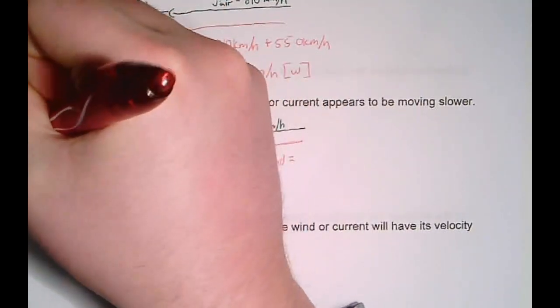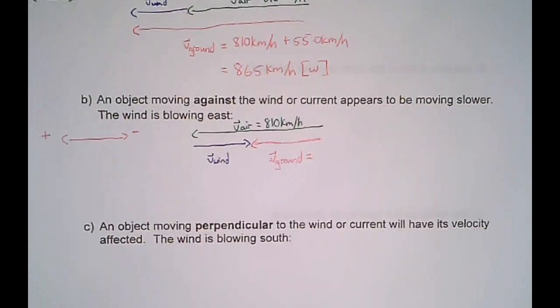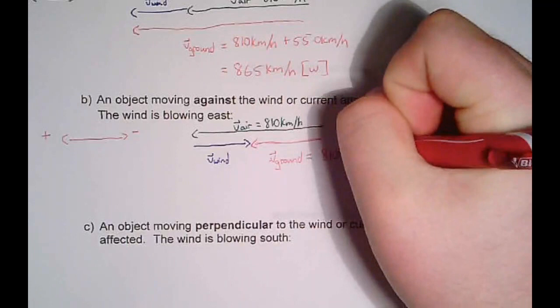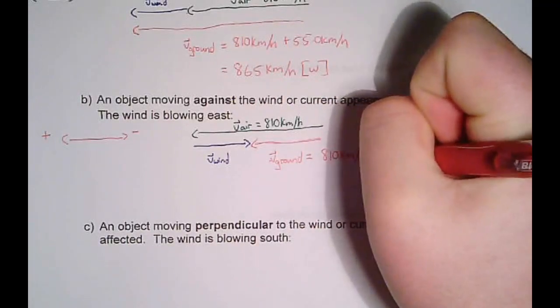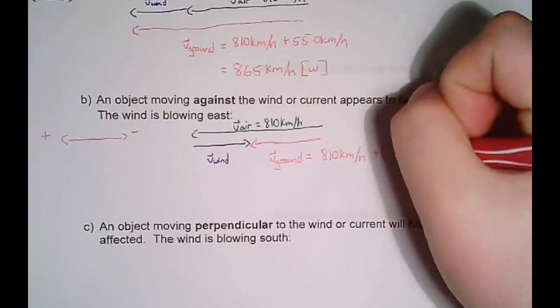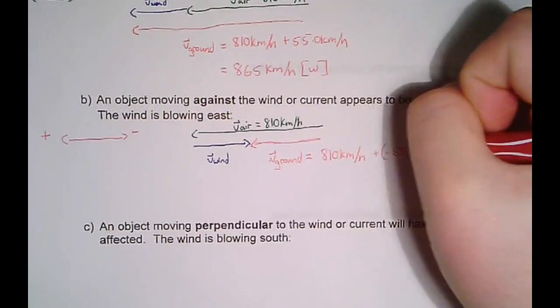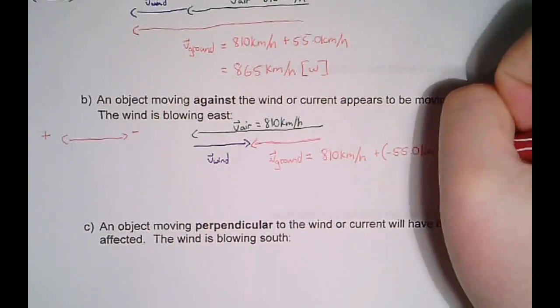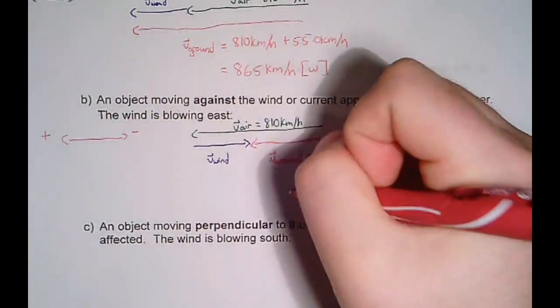Like I said before, I'm always going to make, in this example, west positive, east negative. So our ground velocity is equal to 810 kilometers per hour to the west, which is positive, plus negative 55.0 kilometers per hour from the wind heading in the opposite direction.